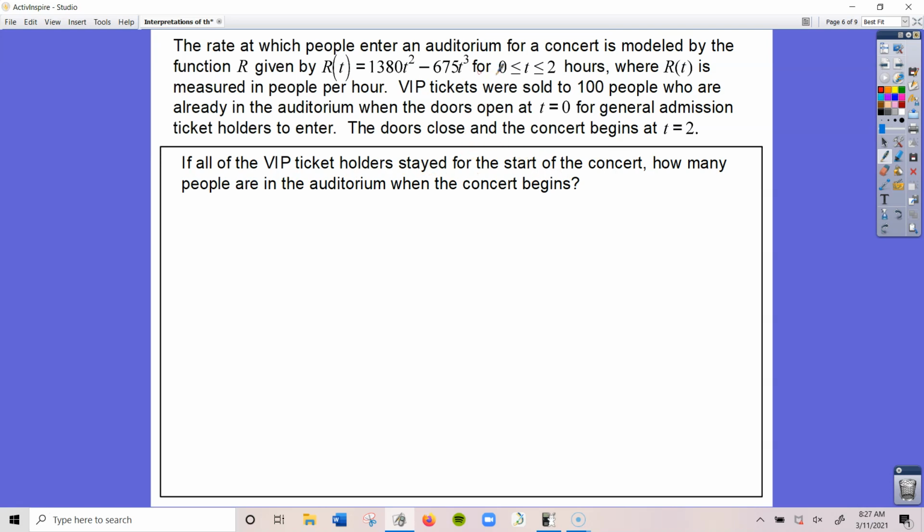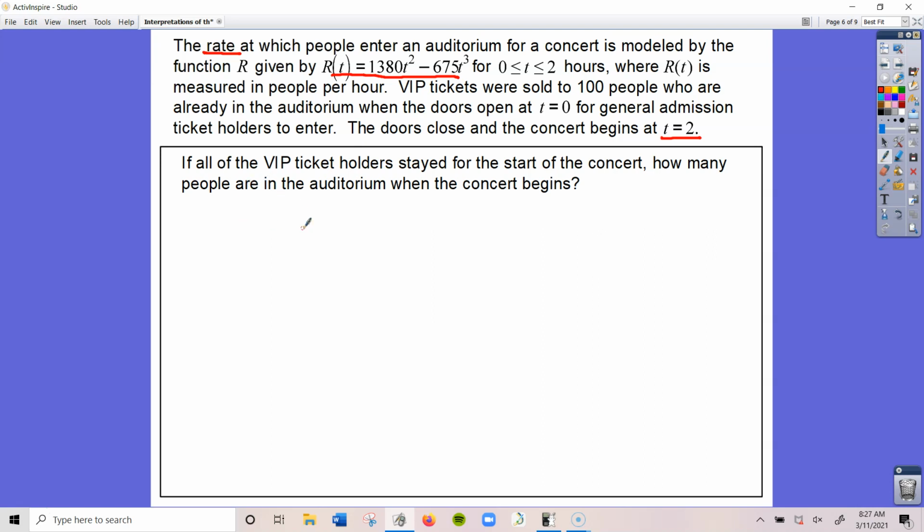So what we're given here is a rate. It doesn't tell us that it's r prime or anything like that, but it does say here that this is the rate at which people enter. So if we're trying to find the amount of people when the concert begins at t equal to 2, we would have to integrate that rate.